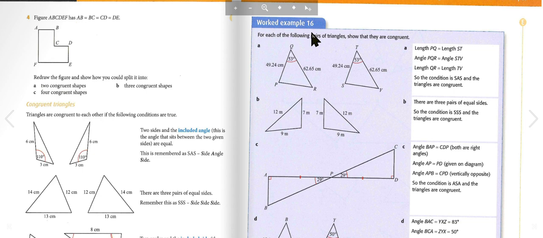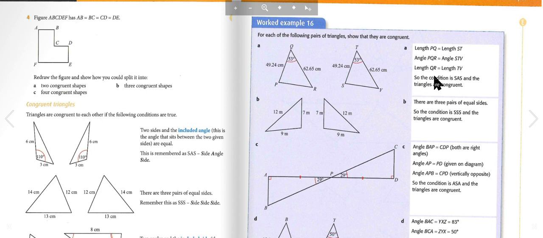Worked example 16. For each of the following pairs of triangles, show that they are congruent. Length PQ equals length ST, angle PQR equals angle STV, length QR equals length TV.